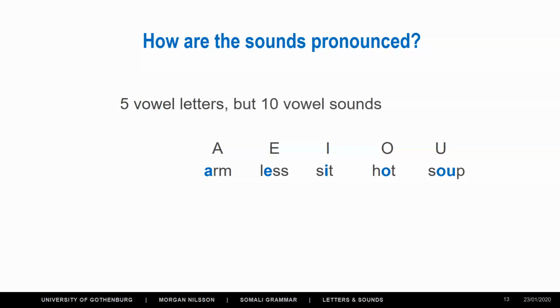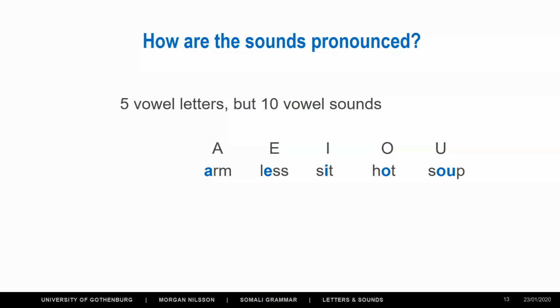But in Somali, there are not just 5 vowel sounds, but 10 vowel sounds, so that each of these 5 letters can be pronounced in 2 different ways. Each and every word has a specific pronunciation.